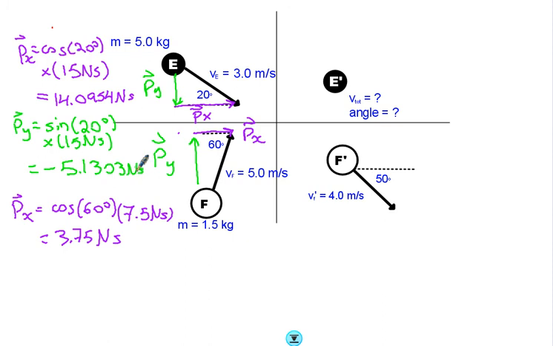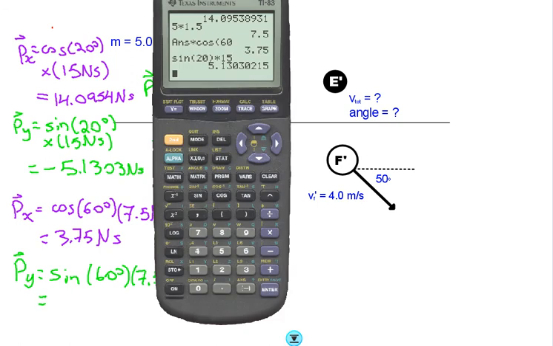And for the other one here, it's going up. It's going to be positive. It's going to be sine of 60 degrees times 7.5, which is 6.4952.